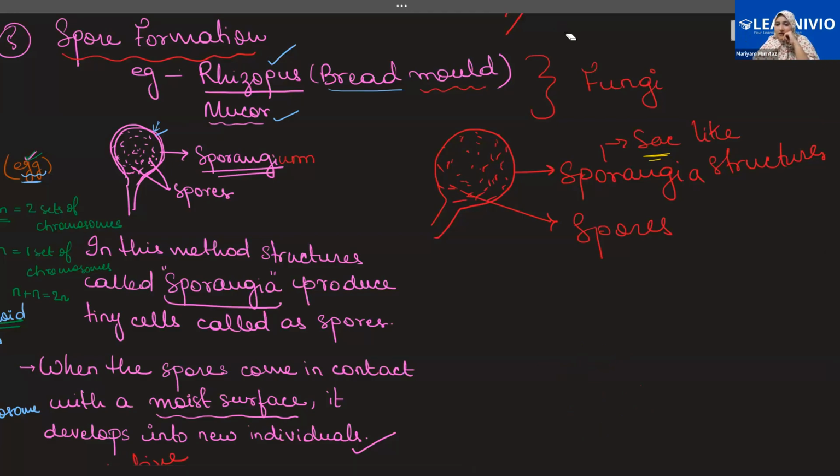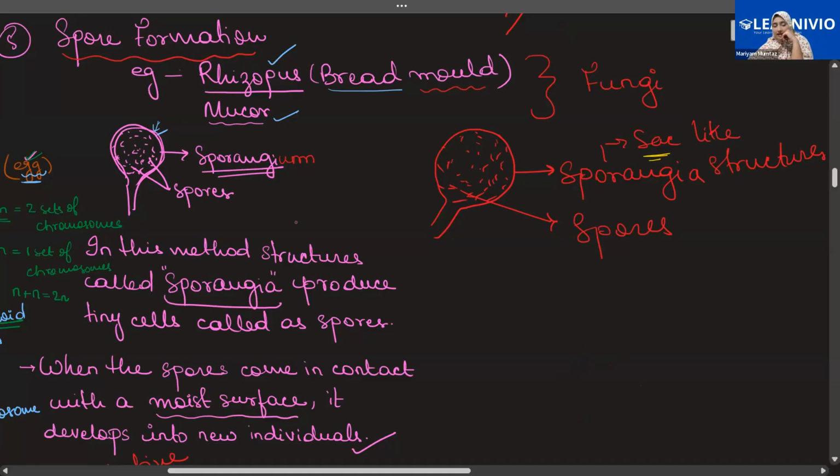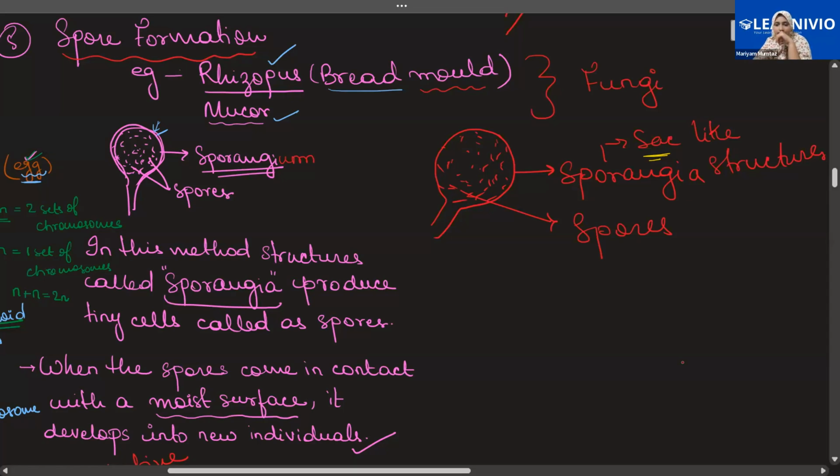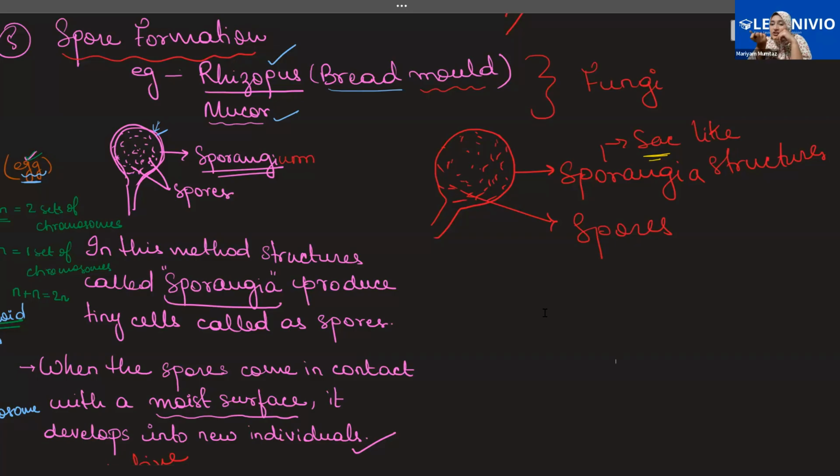Spores are mostly present everywhere, like there are some spores of fungus that are present in the air also. We can't see them, but they are present in the air as well. Since they are present everywhere, this is the only reason why our food goes bad. Whenever moisture comes, the fungus will grow.